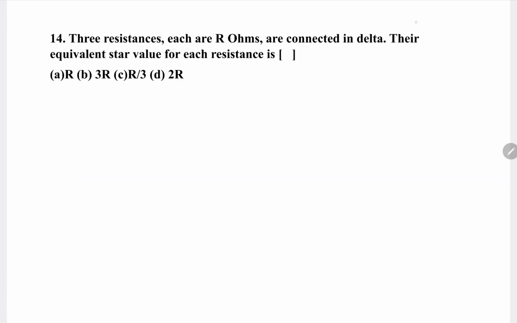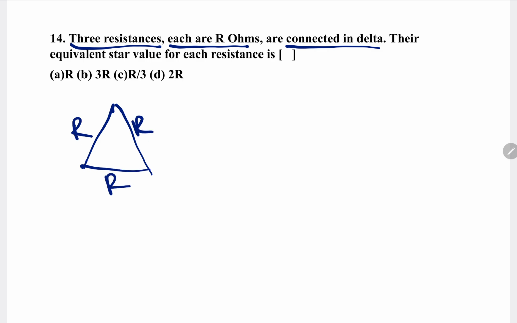Next, question number 14. Three resistances, each of R ohm, are connected in delta. Now each resistor is R, this is delta, and we want their equivalent star value for each resistance.